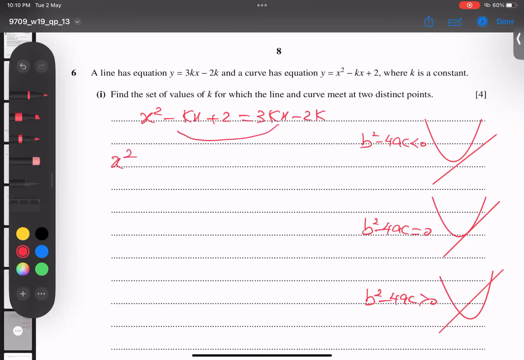When this comes here, negative kx already minus 3x becomes negative 4kx. This comes here, 2 already present and 2k coming as well, 2k plus 2. If you look here, this is x squared, this is x, this is a constant. I think it is a very clear approach. I can say a is 1, b is becoming negative 4k, c is becoming 2k plus 2. I say that it has two distinct roots.